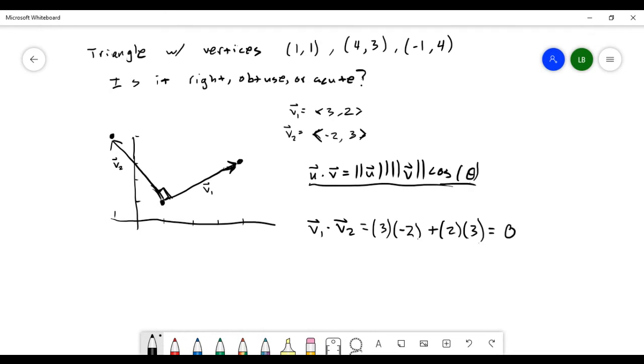Now, if you'll recall, the dot product of two vectors is 0 if either one of the vectors is the 0 vector or the vectors are perpendicular. In this case, neither of these vectors is the 0 vector, so that tells us that the angle between them has to be 90 degrees. Because the angle between them is 90 degrees, it has to be a right triangle.